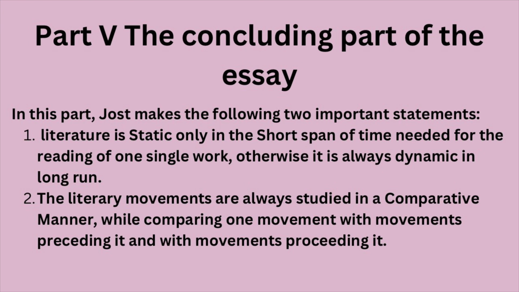So basically, according to Jost, literature is almost always dynamic in the long run. It is static only while reading that one particular text. Whatever time is required for reading of that particular text, it is static only at that time. Otherwise, in the long run, literature is always and always dynamic.